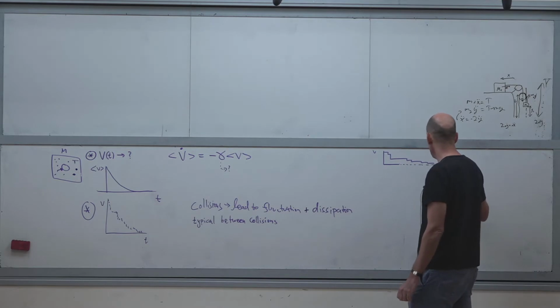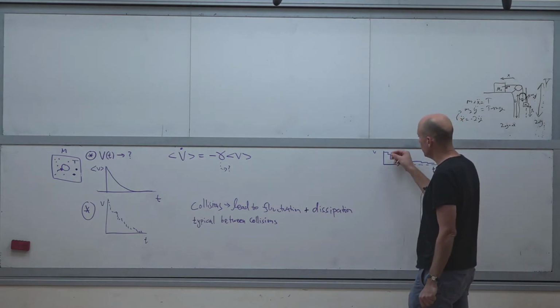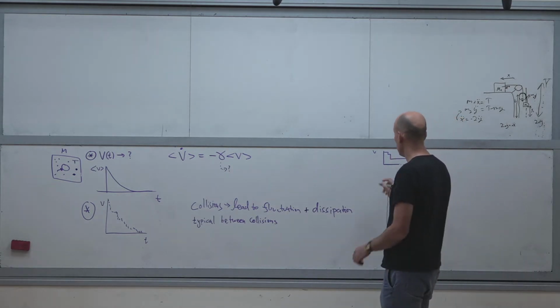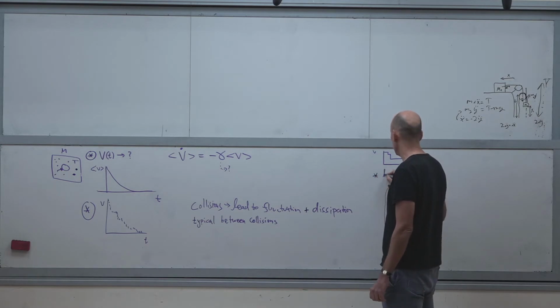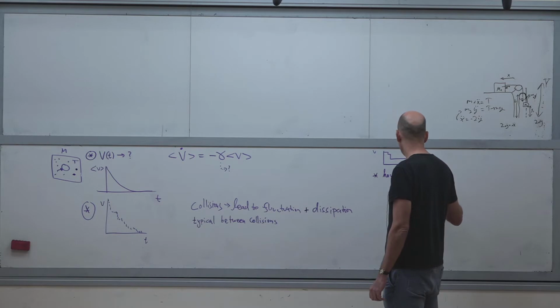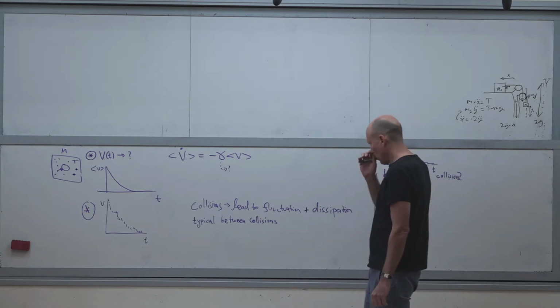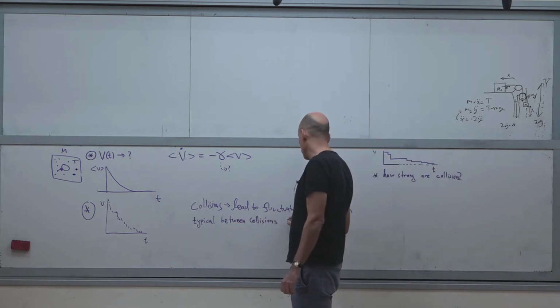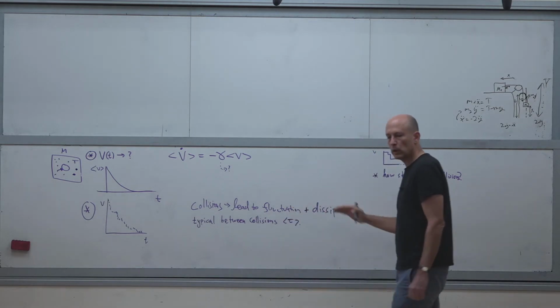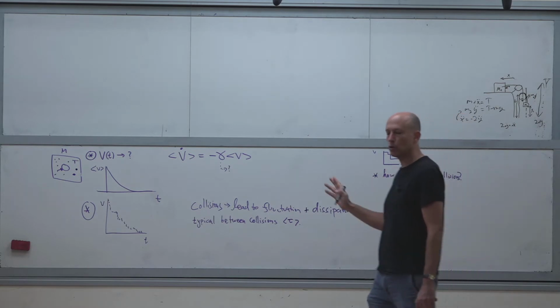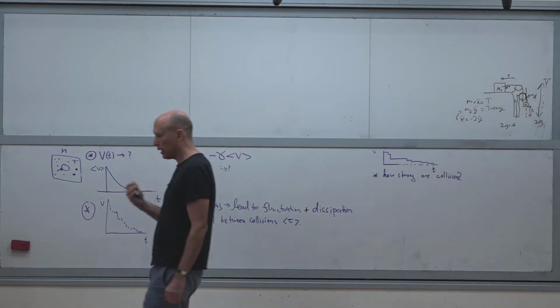Of course we will have some knob describing how strong the collisions are. This we will need to define. So the typical time between collisions will be something like an average time between collisions, and we will assume that I know this average time. So this is a simplification.